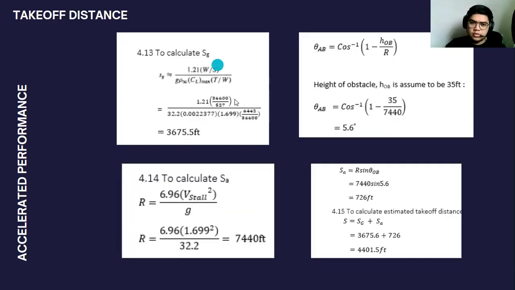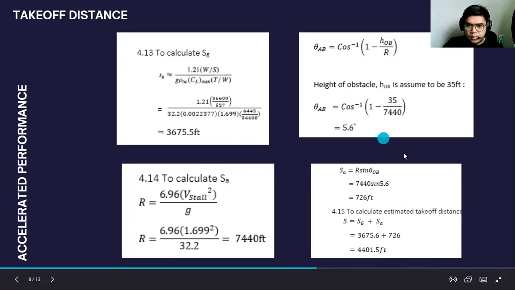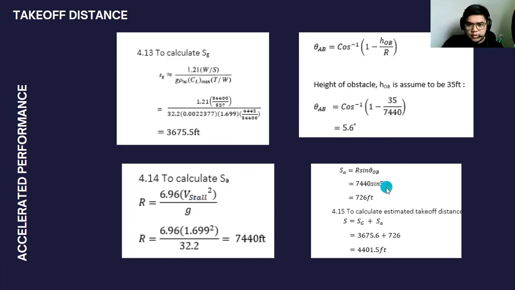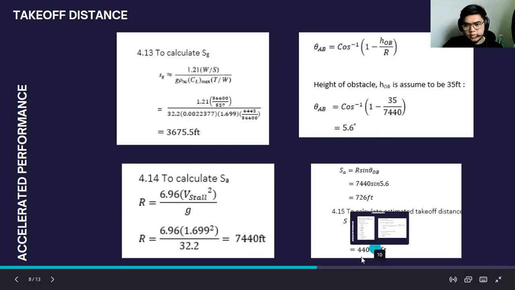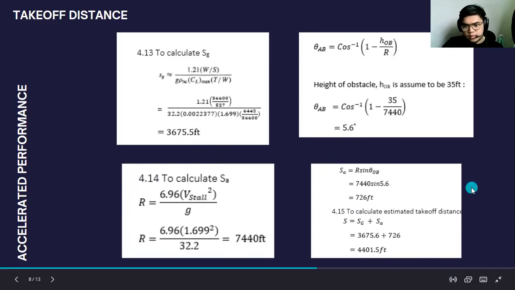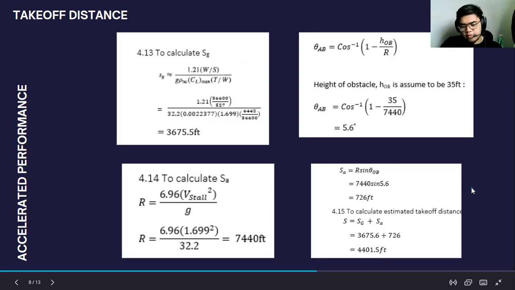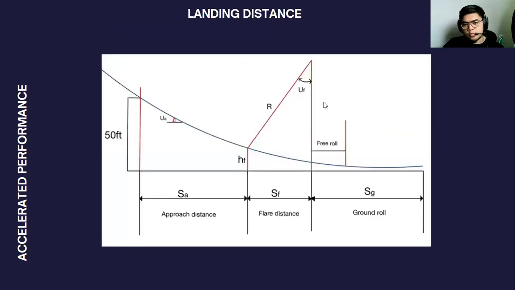Basically, these are all the formulas I use. For the SG, I get 367.5 feet, and for SA, I get 726 feet, and then I add them, and the total takeoff distance I get is 4,401.5 feet.